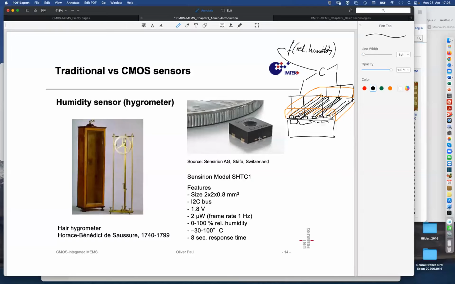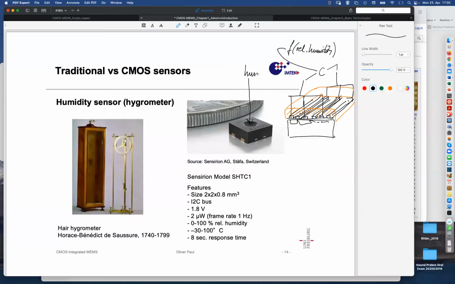There are some contacts for digital and analog outputs, and then this polymer package that surrounds the whole chip, and surrounds this orange humidity sensitive material, protects the whole chip from the environment, except at this little central hole where humidity can pervade this orange substance.